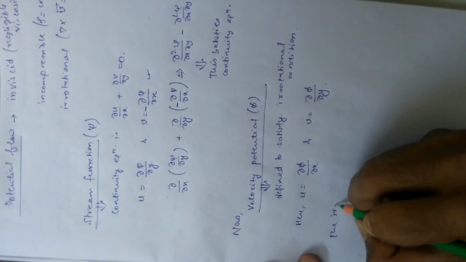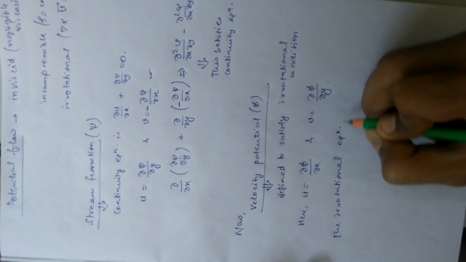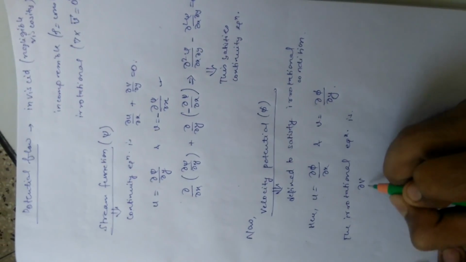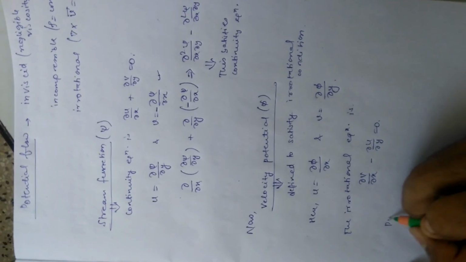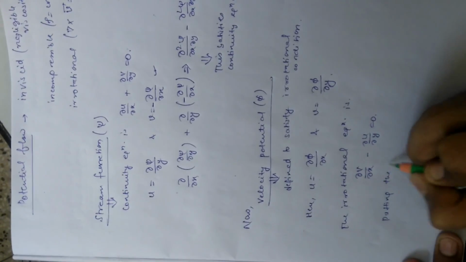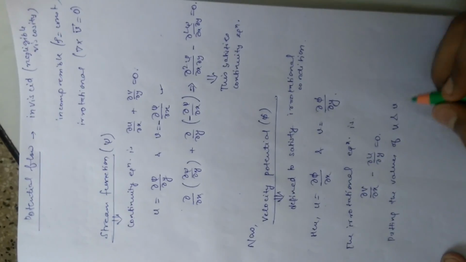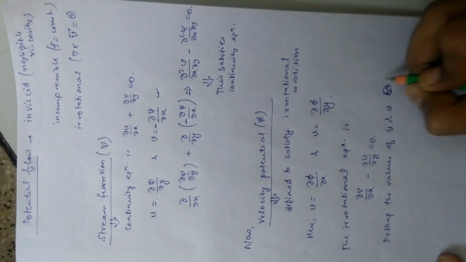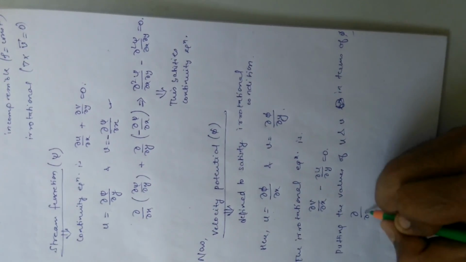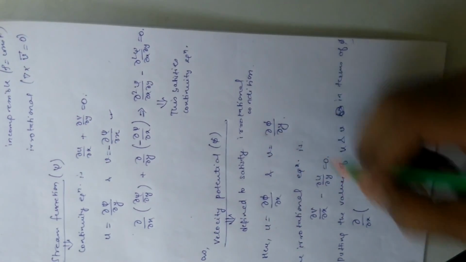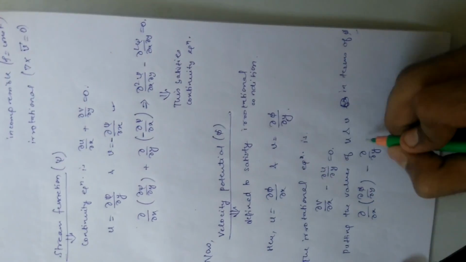The irrotational equation is del v by del x minus del u by del y equals to 0. Putting the values of u and v in terms of phi, we have del x of, instead of v we are writing del phi upon del y, minus del y of, instead of u we are writing del phi upon del x.